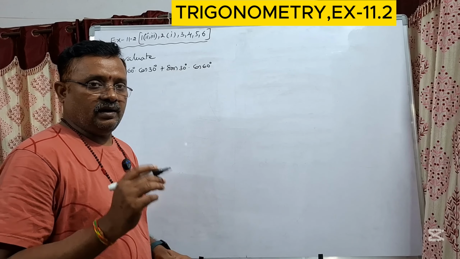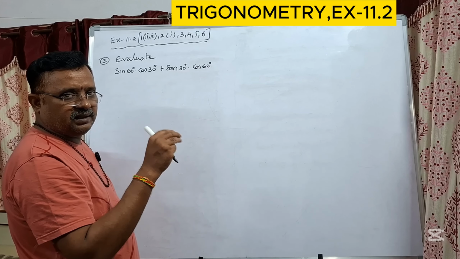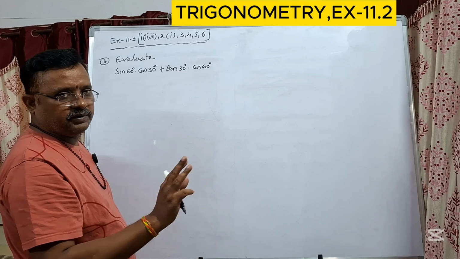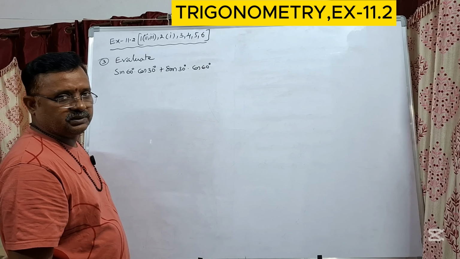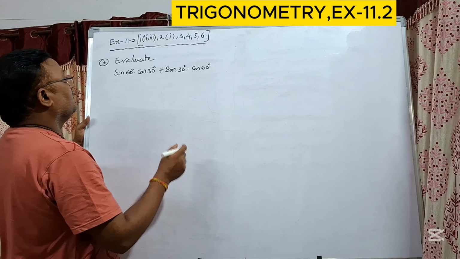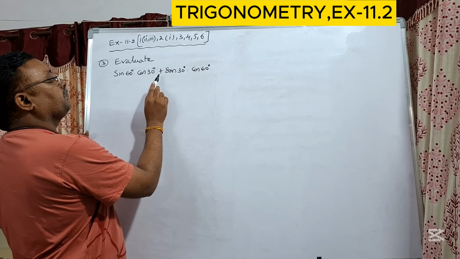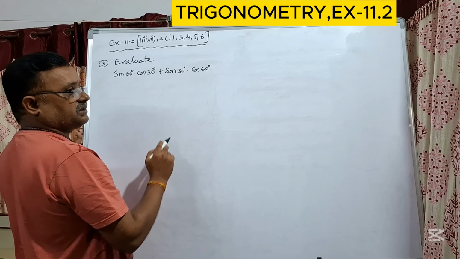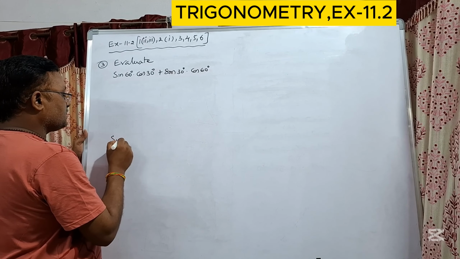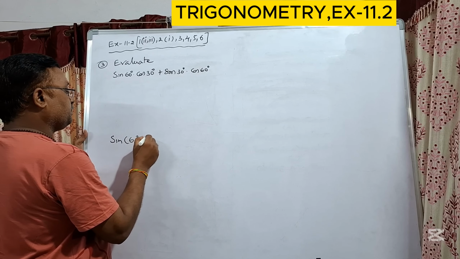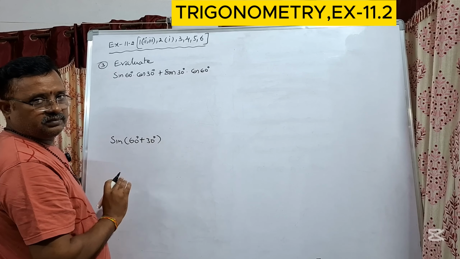Now observe another model problem. The process is recalling the table values, substitution, simplification only, but various procedures will be there to ask the question. They are asking: evaluate sine 60 degrees into cos 30 degrees plus sine 30 degrees into cos 60 degrees, and what is the value of sine of 60 degrees plus 30 degrees, what do you conclude from them?